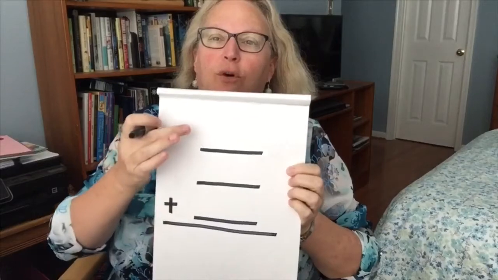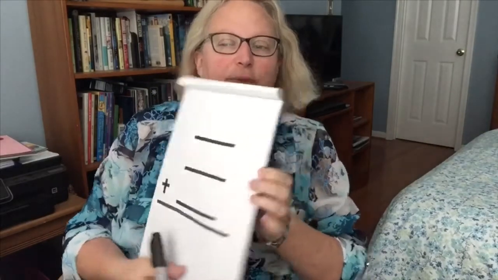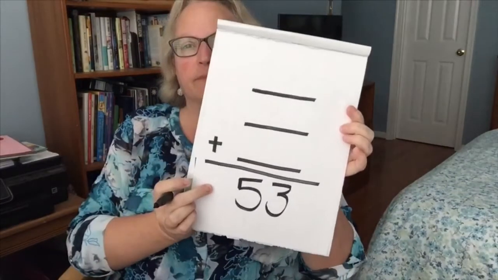So I'm going to turn my shelves into an addition problem. I'm going to add a plus sign. And there we go. So now I know that the total of glasses on the three shelves has to be 53. So I'm just going to put a big 53 there. Okay, so I want a total of 53.